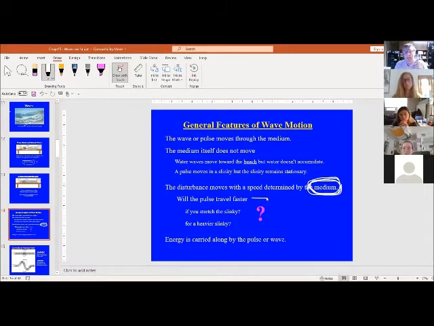And secondly, what if you replaced that slinky with a heavier slinky? What will happen? So what you're doing here is you're really changing the medium, and the speed depends on the medium. So it'd be good to try to think about what the answer is. How would the speed change? Would it increase or decrease?